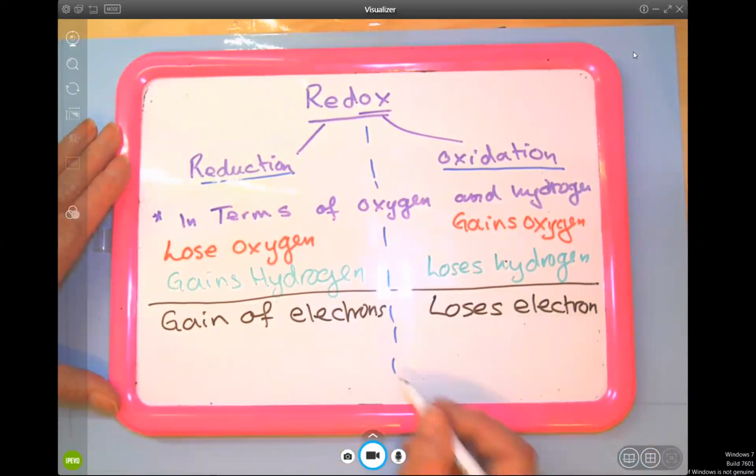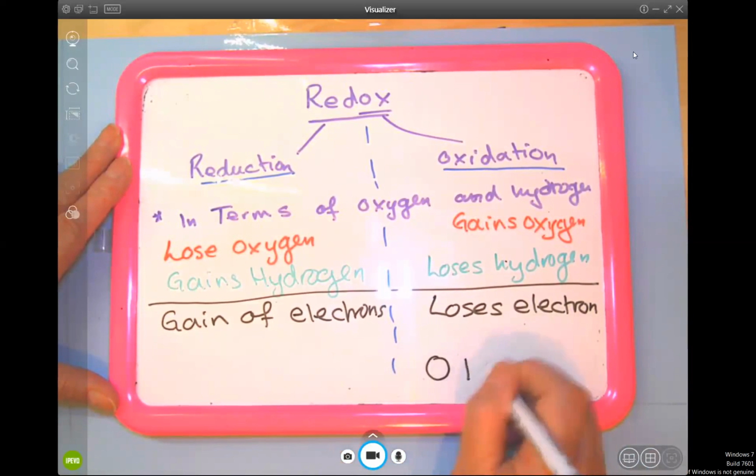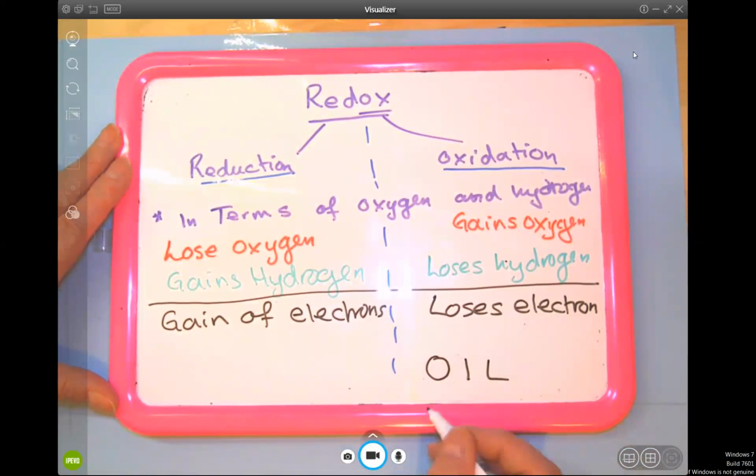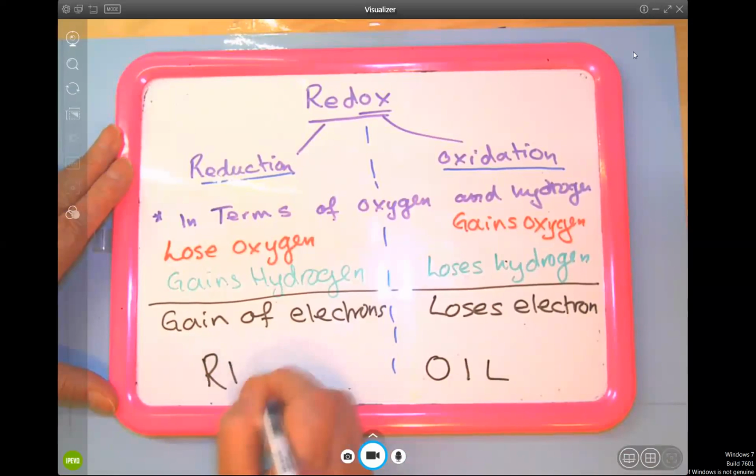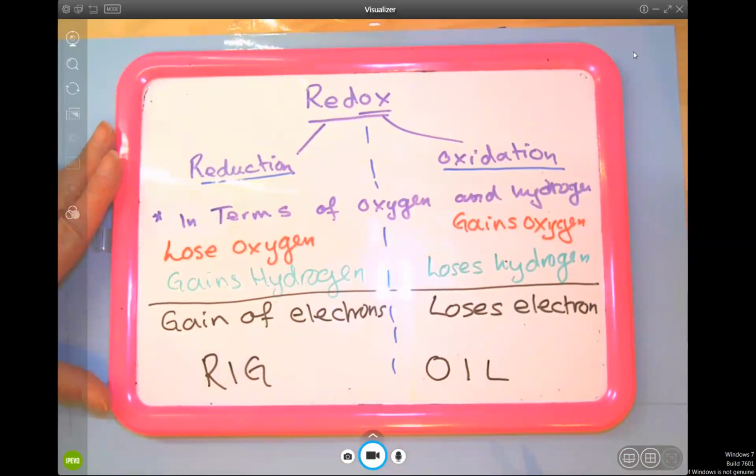So we get this term OIL RIG. OIL is oxidation is loss of electrons, and RIG is reduction is gain of electrons. I'll see if I can show this in a little bit more detail.